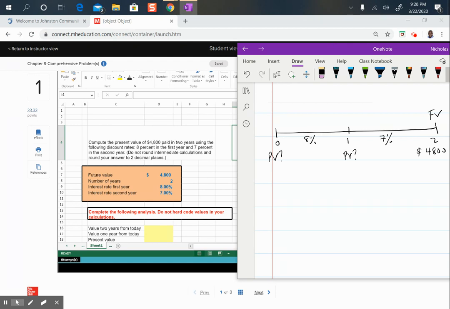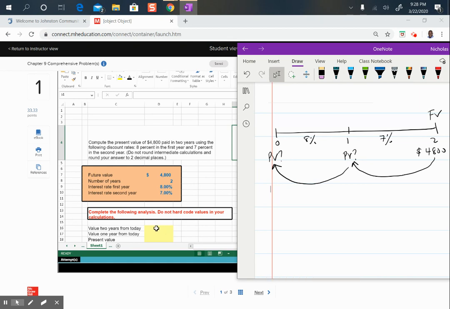So you're going to discount the $4,800 to year one and then discount this amount again to time 0, where the only difference is you're going to use different rates, 8% in year one and 7% in year two. To use Excel to work through this, I'll take you through it.